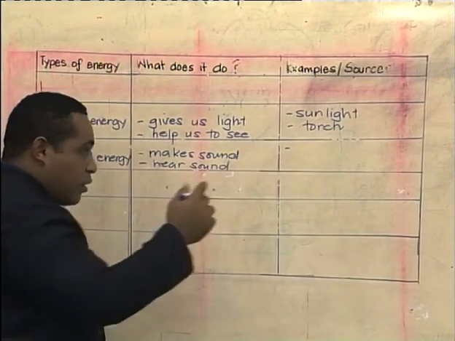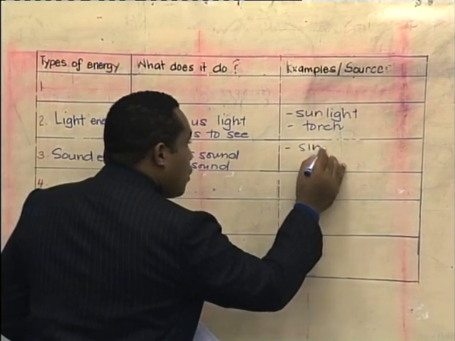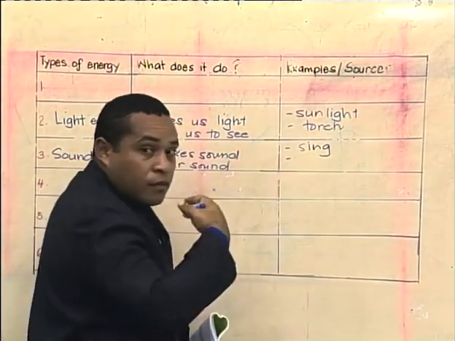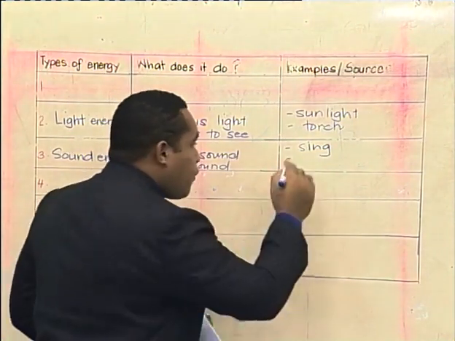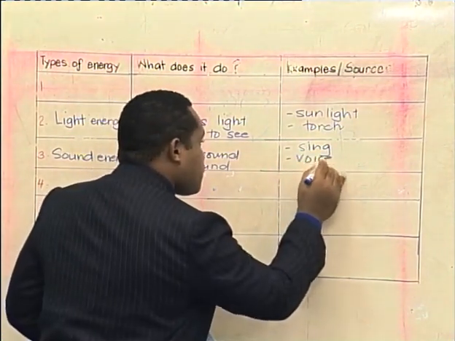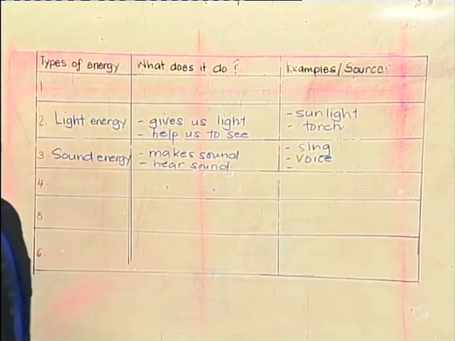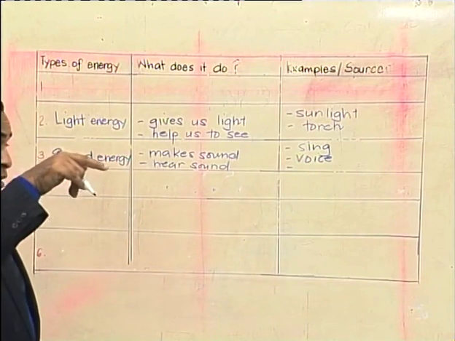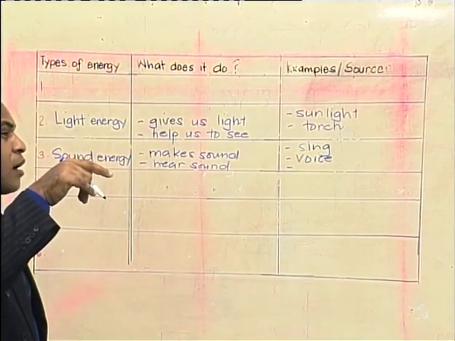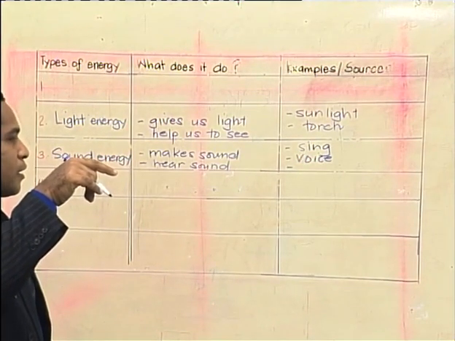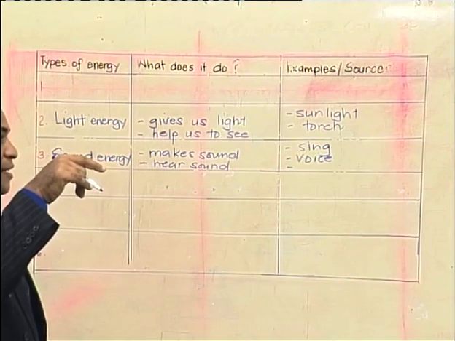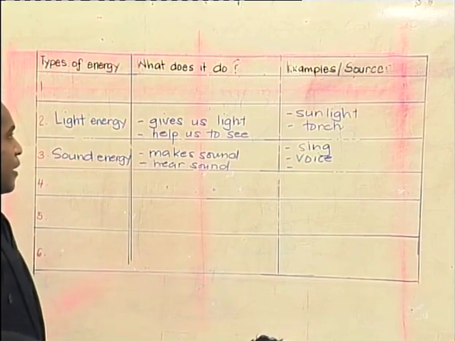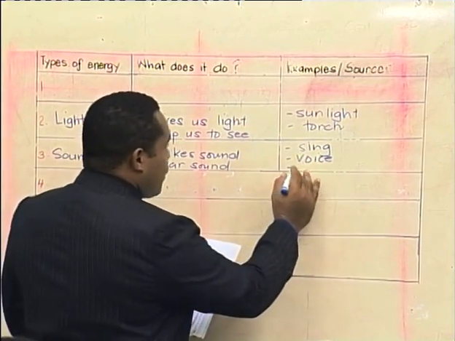Okay, so we can say sing, our voice, tone of our voice. What else? Roland? Speaker. Speaker, okay.